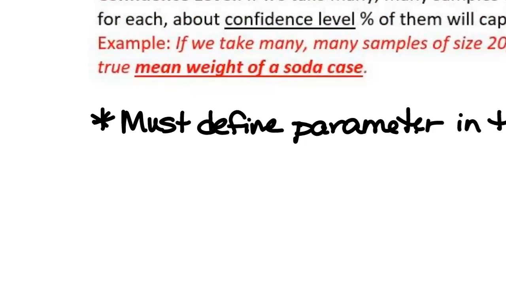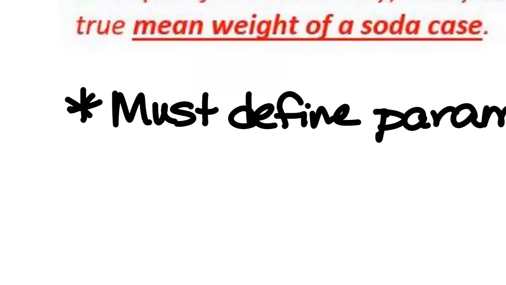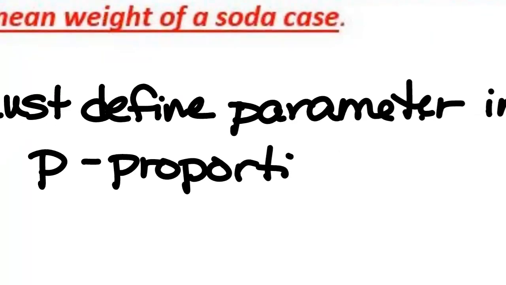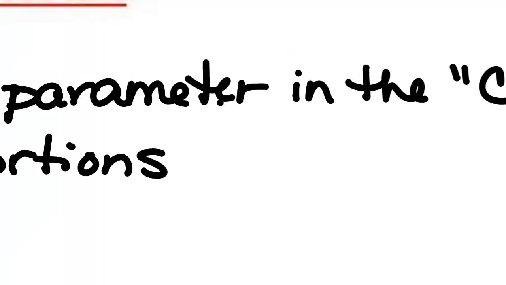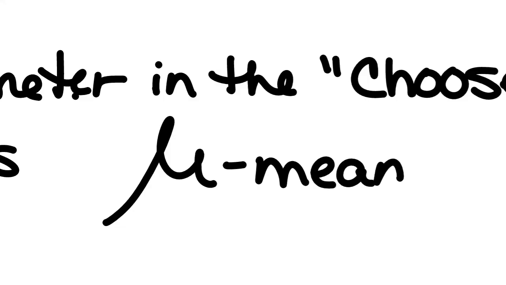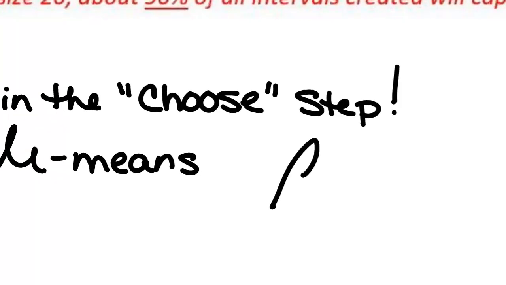Is the parameter beta, because we're talking about slopes? So p is for proportions. Mu is for means. Beta is for slopes.